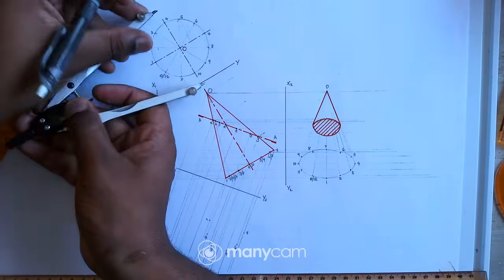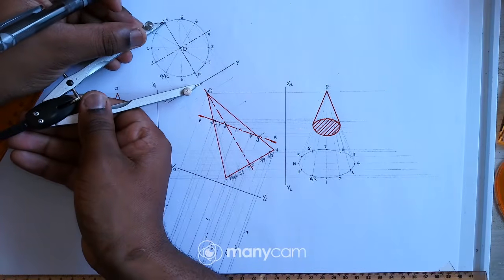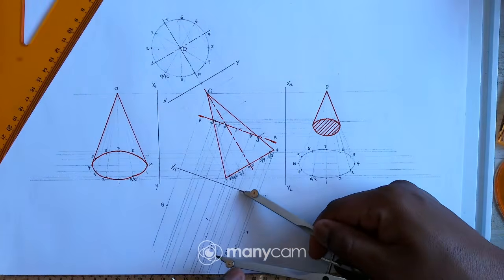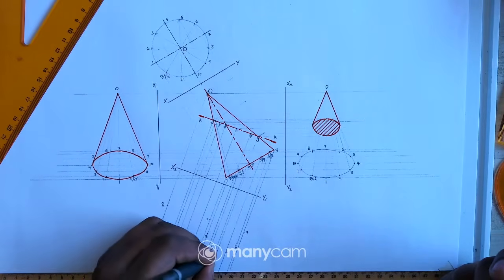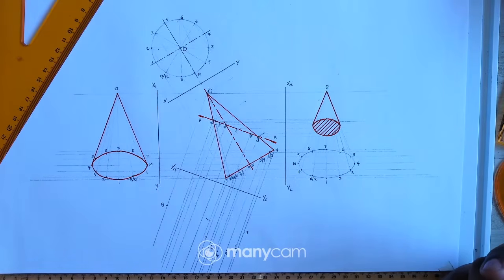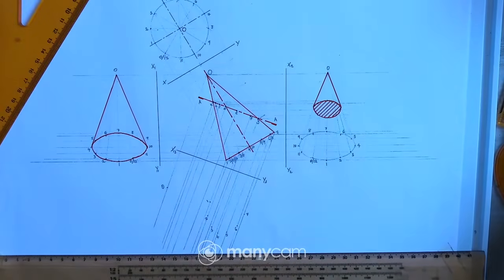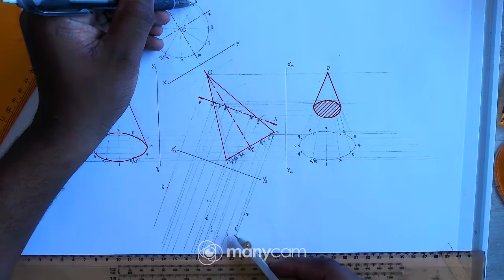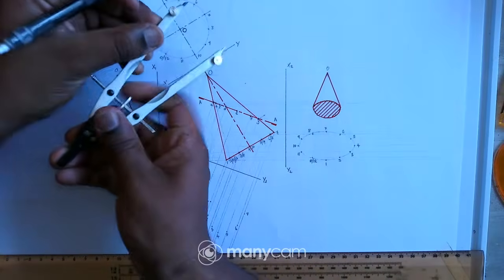Okay, 4. So 4 is there, so 4 is on this line. It's 4 there. Okay, I moved to 5. I have 5 there. I have 6. I have 7.